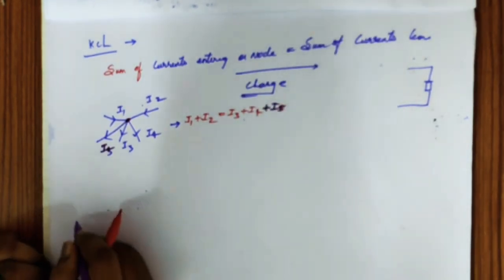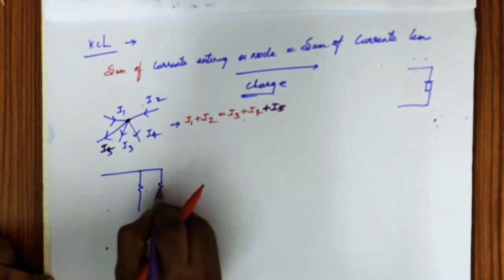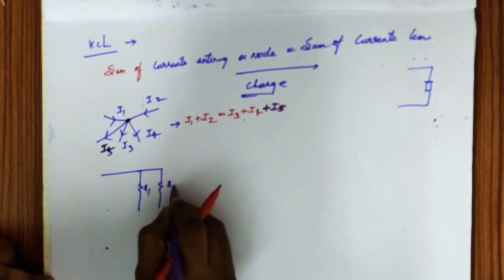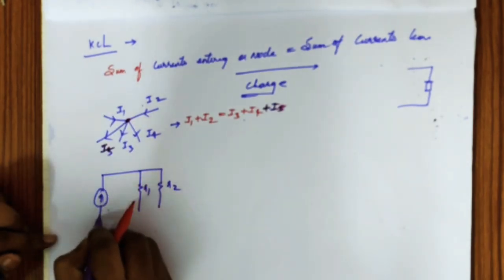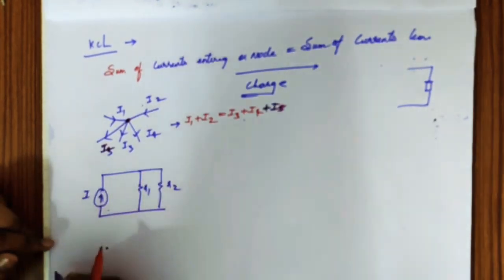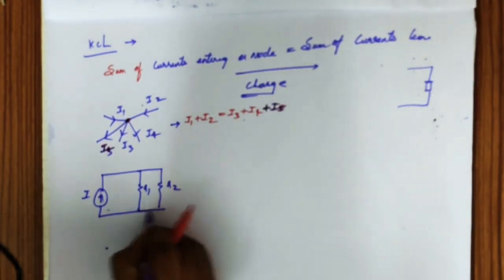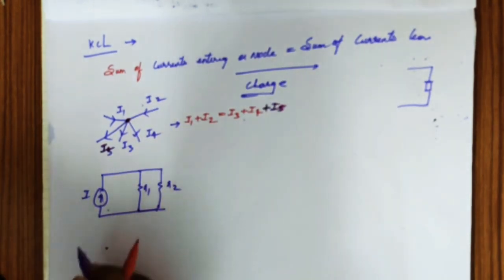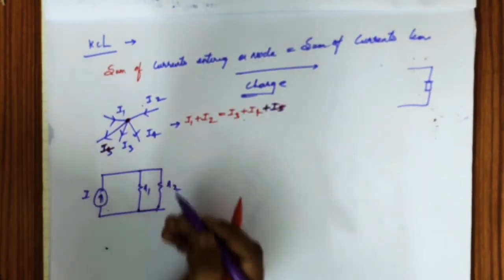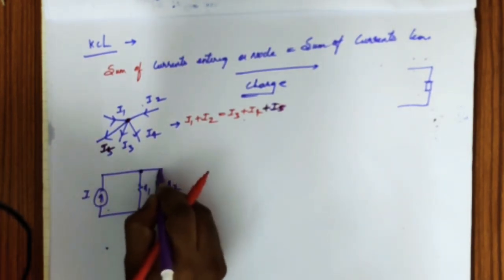Let us take one small example. If I connect two elements in parallel, I'm giving a current source, let us say I. Now what happens here is, according to KCL, currents entering a node equal currents leaving that node.